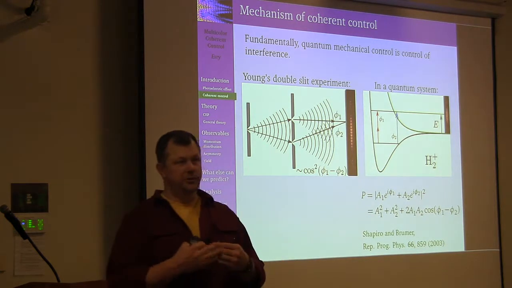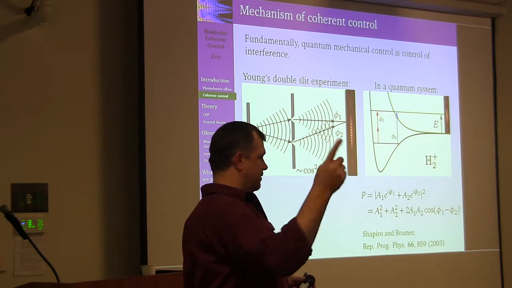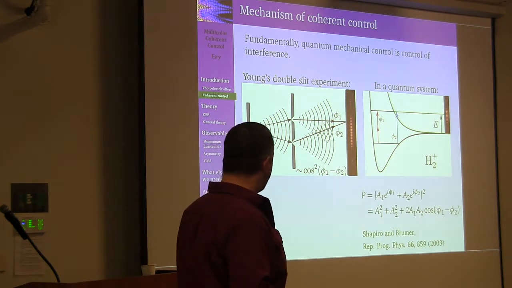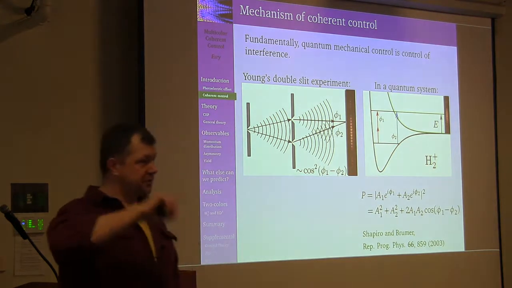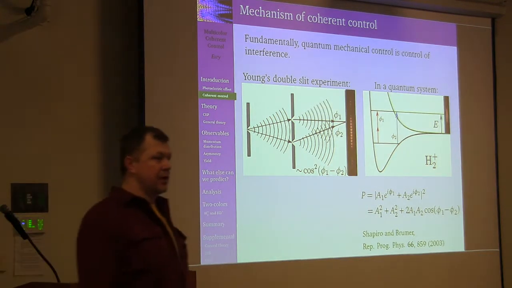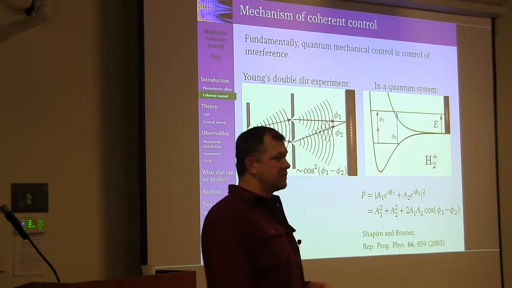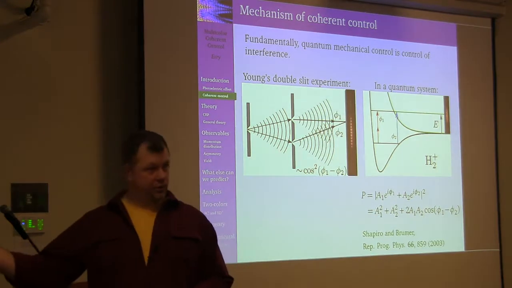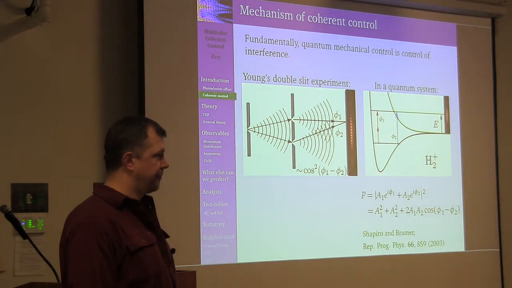And if you superpose even and odd parity states, what you get is a state with directionality, okay? And so what this process is actually telling us is we can control the directionality of the fragments by controlling the relative phase of those 2 pathways, okay? If we had 1 photon and 3 photons, we could control the yield of the fragments this way, okay?